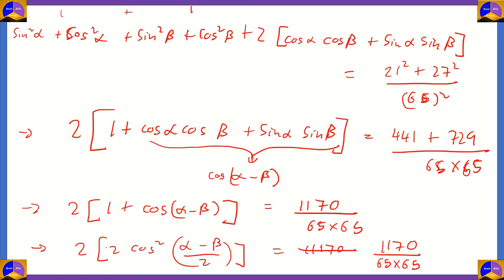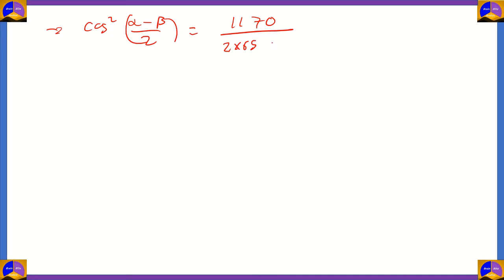So 2 times 2 gives you 4. Let's take the 4 to the right hand side. So the left hand side will only be cos square alpha minus beta divided by 2. The right hand side, 1170 divided by 2 into 65 times 2 into 65. So why do we do that?